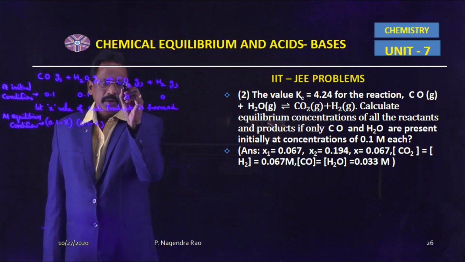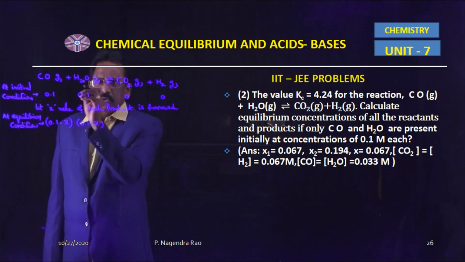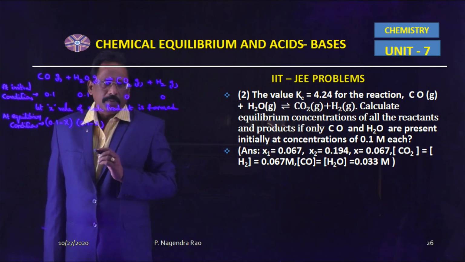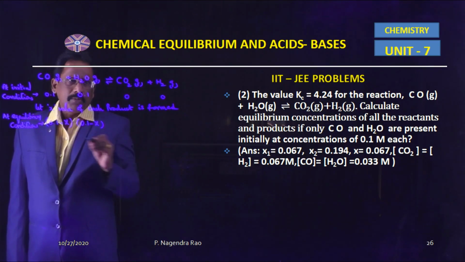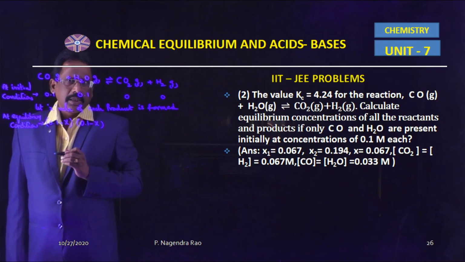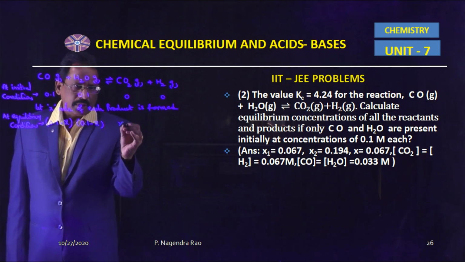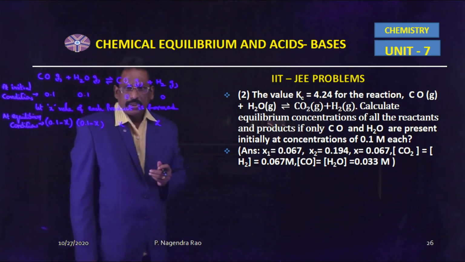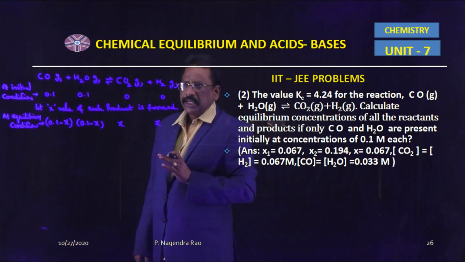Carbon dioxide gas and hydrogen gas are formed from these two reactants. If X moles of each product is formed, now 1:1 ratio. Originally 1 mole of CO produces 1 mole of carbon dioxide, 1 mole of water vapor produces 1 mole of dihydrogen gas. Therefore, X moles of CO2 and X moles of dihydrogen gas are formed if the system is at dynamic equilibrium.